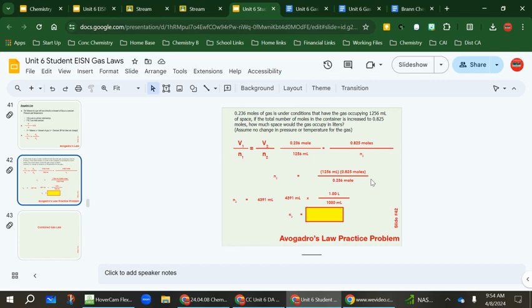In other words, volume in every one of our problems, in Charles' law, in Boyle's law, volume is always on the top. Temperature is always on the bottom in Gay-Lussac's and in Charles' law. We are not going to change that. So for some reason, I changed that on this one. I will correct it. It isn't going to show up in your notes. I'm sorry, but I will correct it and I will change it.